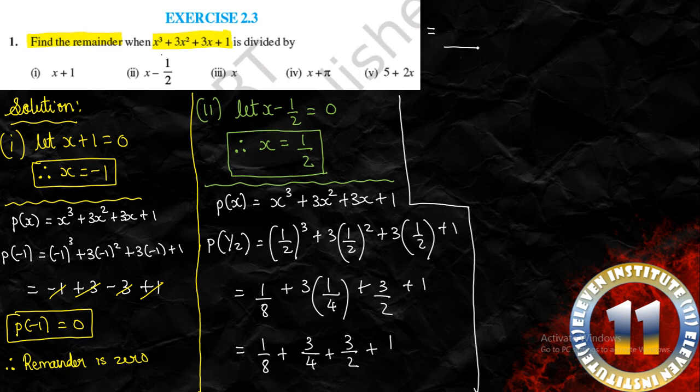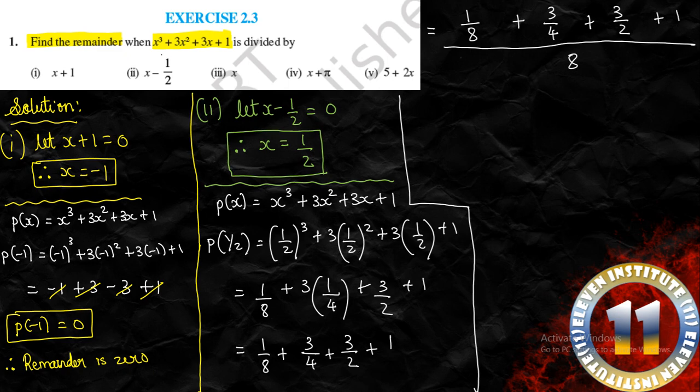Now when you take the LCM, what you have to do is take the denominator and write 8 over here. Now in the numerator, you have to multiply all these numbers by 8. Right, so what we have is 1 upon 8 plus 3 upon 4 plus 3 upon 2 plus 1.